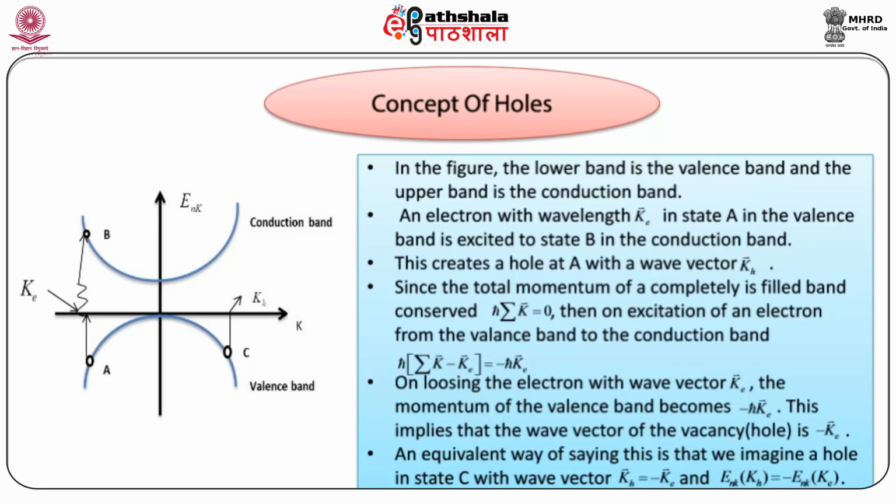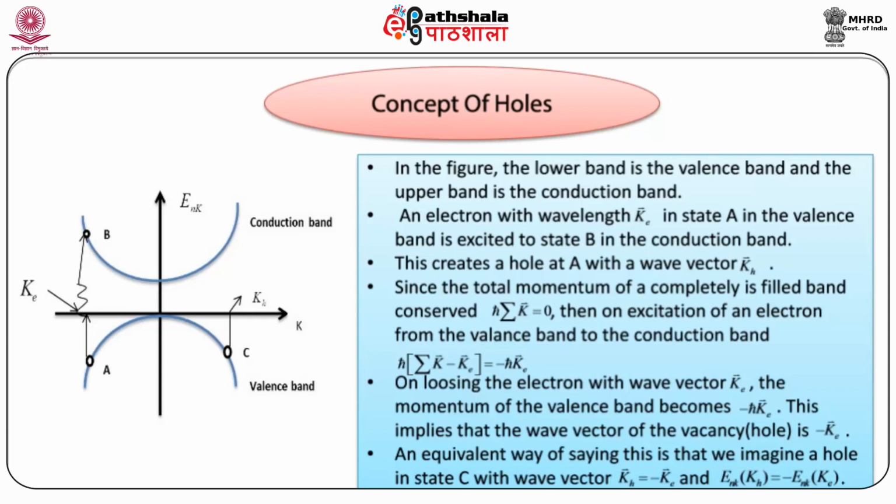An electron with wave number k_e in state A in the valence band is excited to a state in the conduction band. This creates a hole at A with a wave vector k_h.